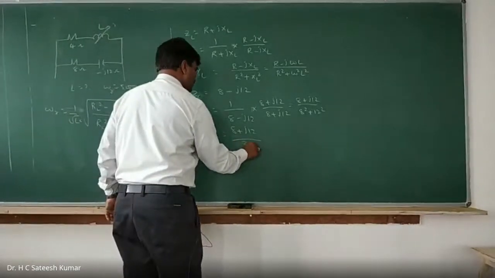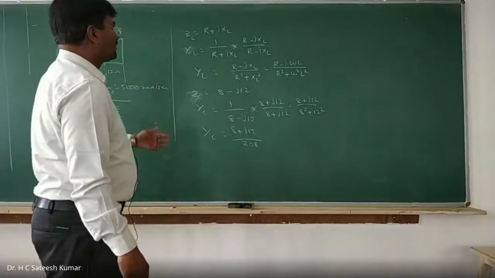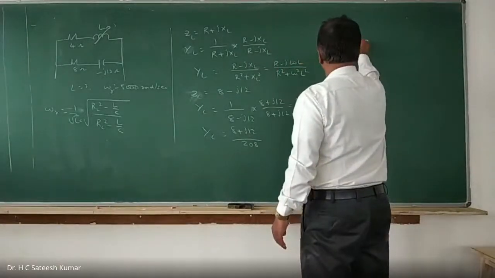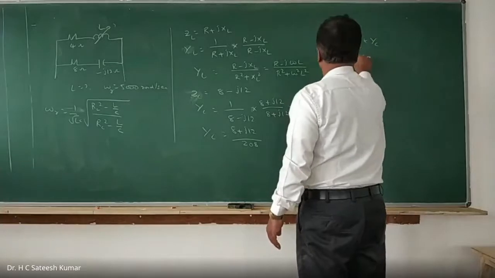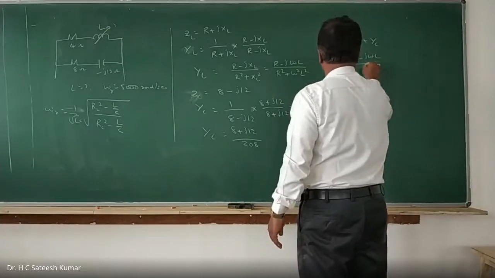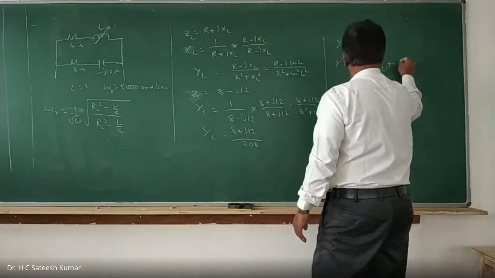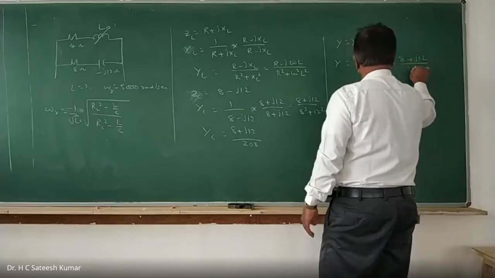Now total Y is equal to YL plus YC: R minus J omega L divided by R square plus omega squared L squared, plus 8 plus J12 divided by 208.